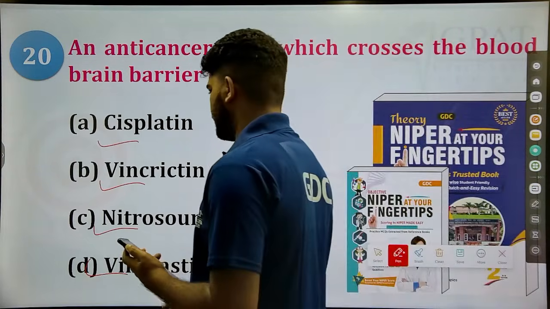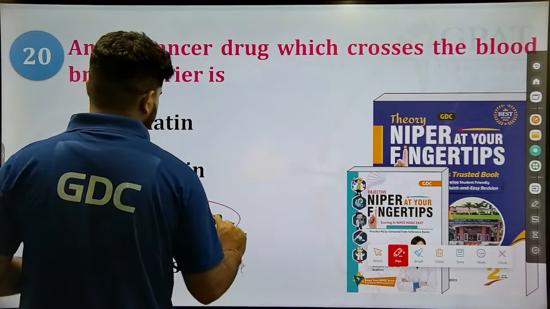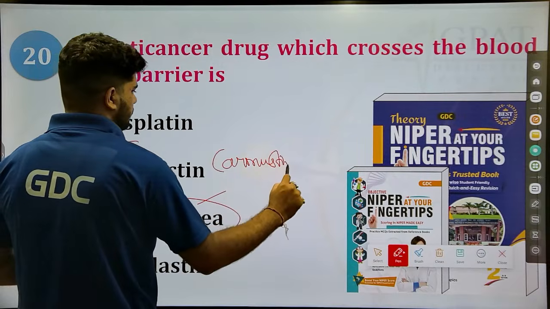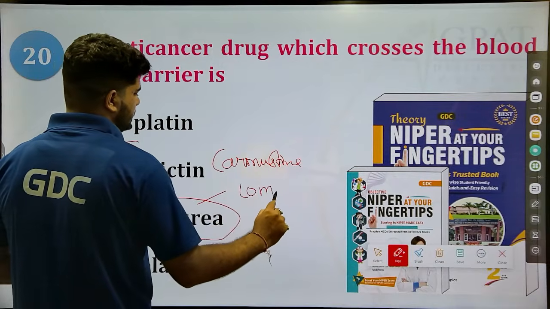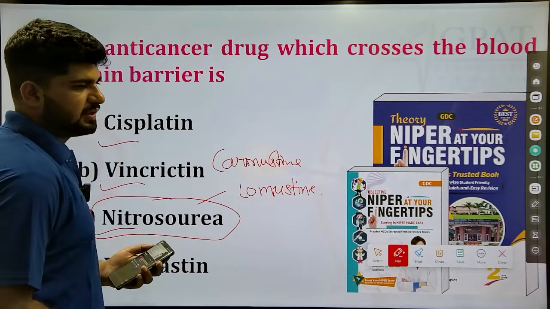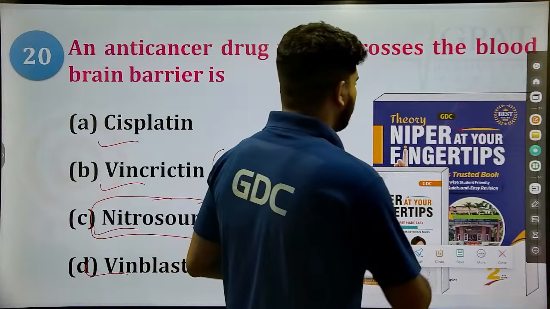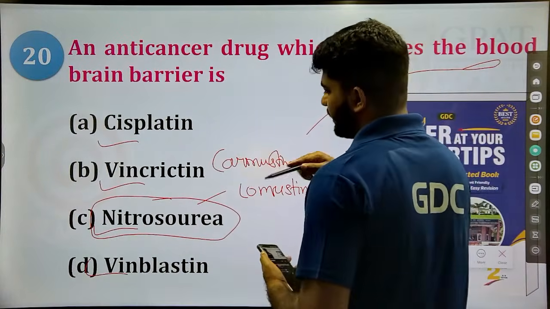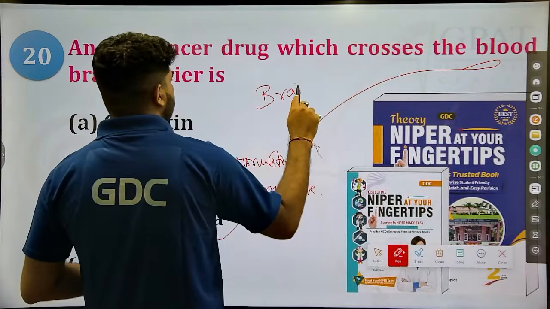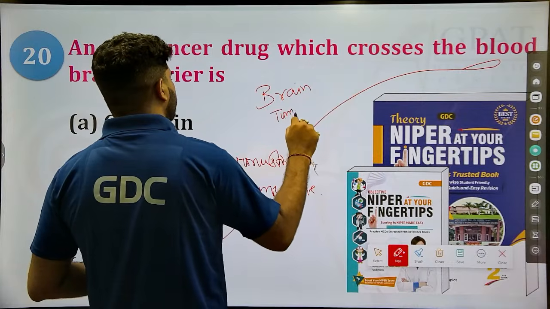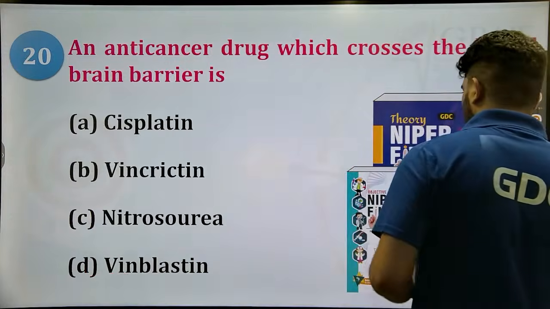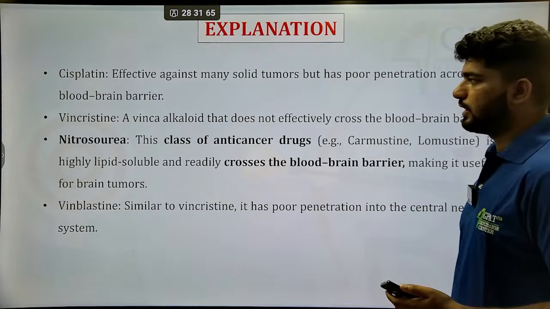That's nothing but your nitrosourea, which includes carmustine and lomustine. These are the ones which cross the blood-brain barrier and hence are very useful in brain tumors as well. Make sure you remember this one. So nitrosourea is going to be the correct answer.